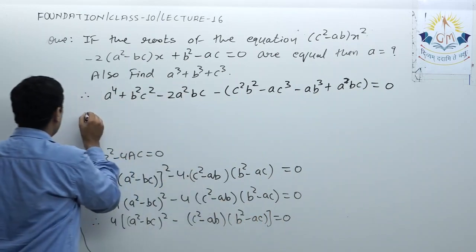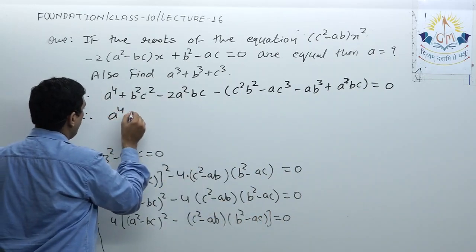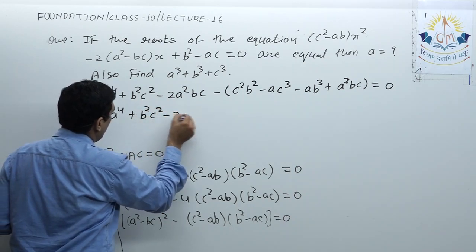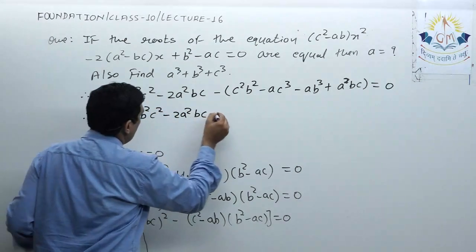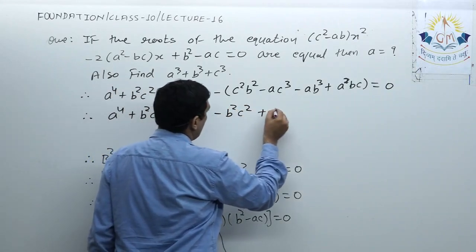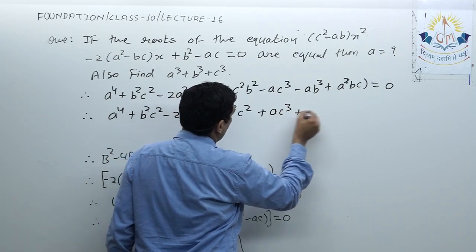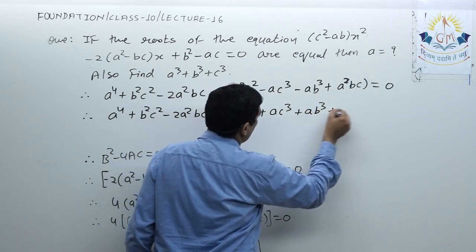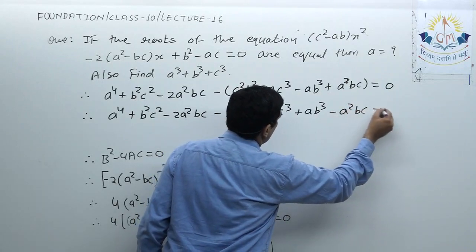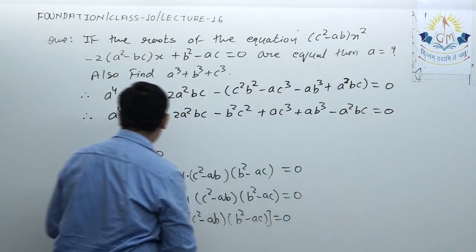Now I will open the bracket. So a raised to 4 plus b square c square minus 2a square bc minus b square c square plus ac cube plus ab cube minus a square bc is equal to 0.